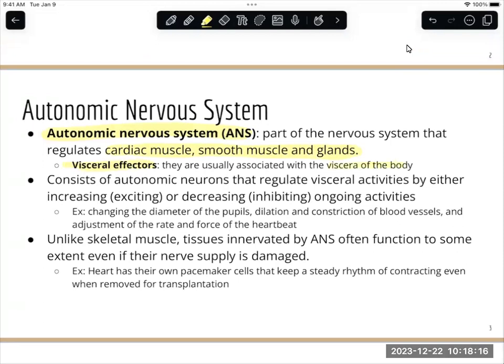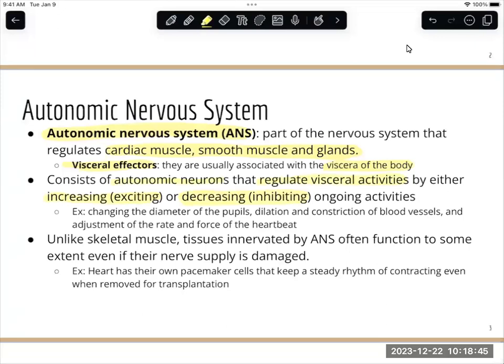So visceral means it's going to affect the viscera, your chest and abdomen. So we're going to have autonomic neurons. They're going to help regulate visceral activity. It can either increase by exciting, it can decrease by inhibiting.